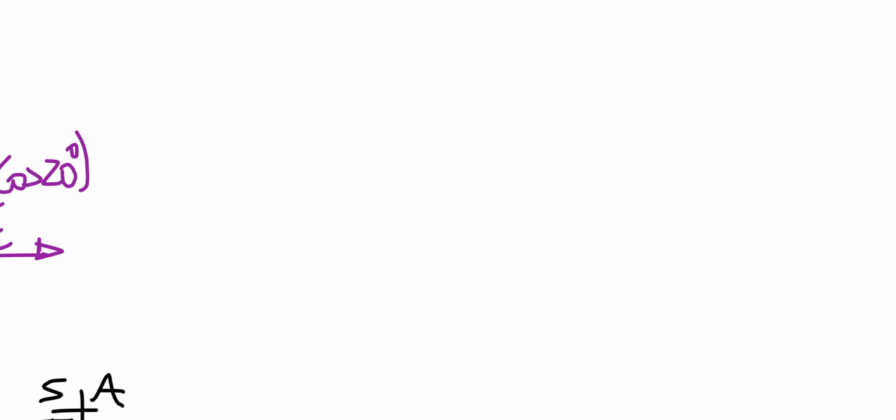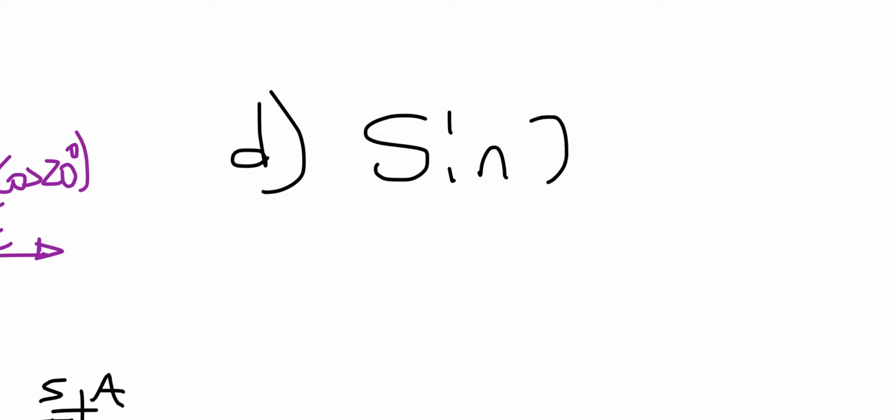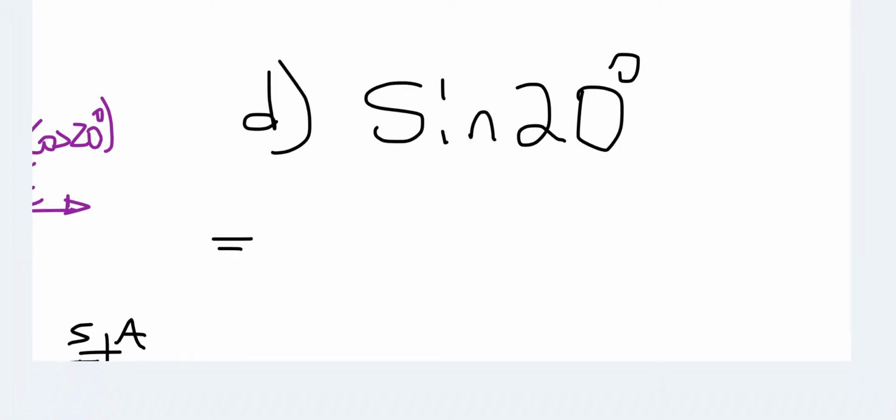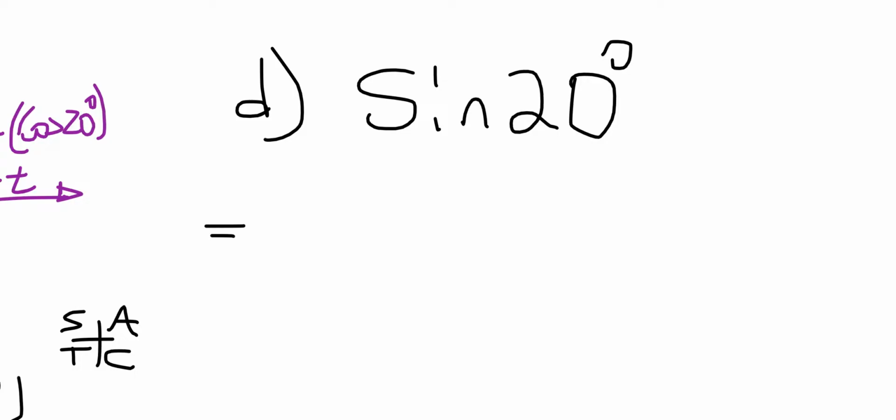So now maybe let us jump onto problem D, where they are giving it to you straight as sine of 20 degrees. When it is given to you like this, you don't need to reduce that angle because it is already reduced.